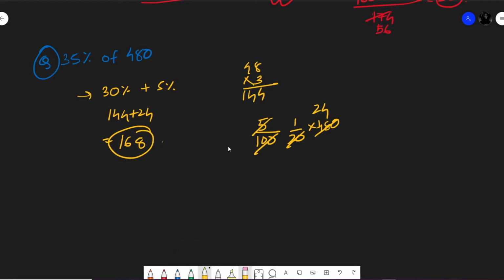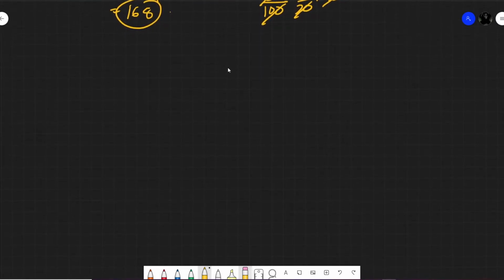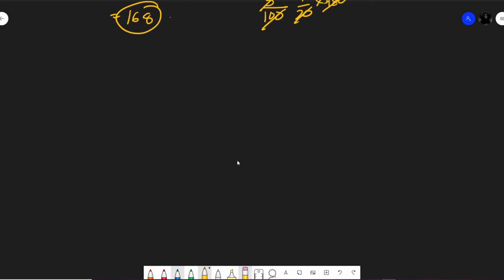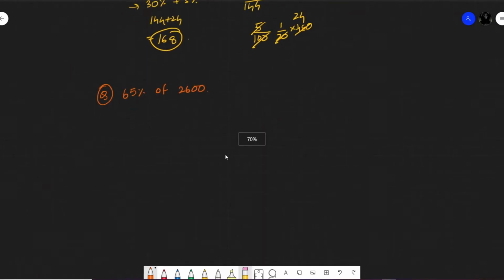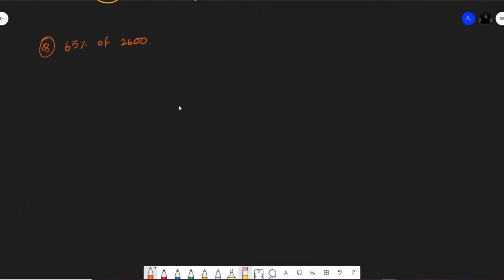Now there is another method. As I told you earlier, we will do this method a lot. Let's say 65% of 2600. Do this. 65% of 2600.